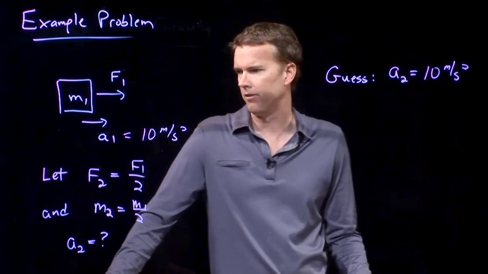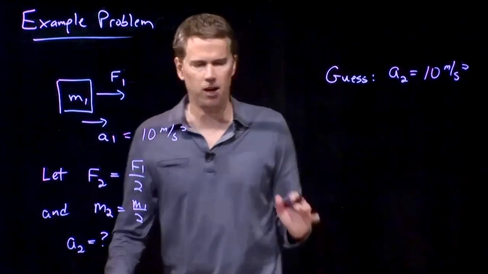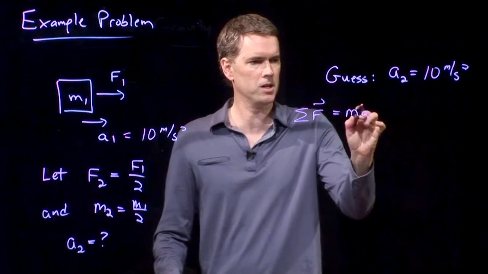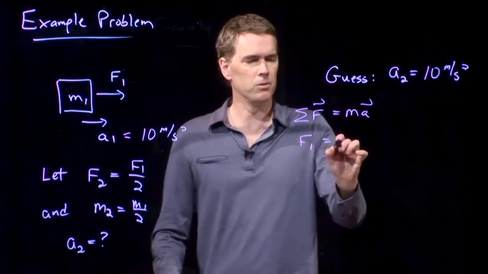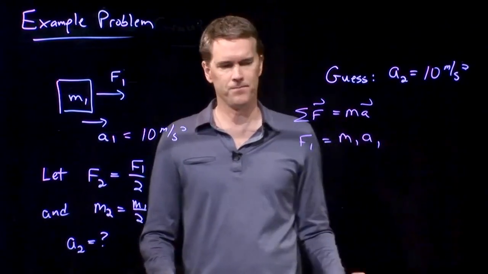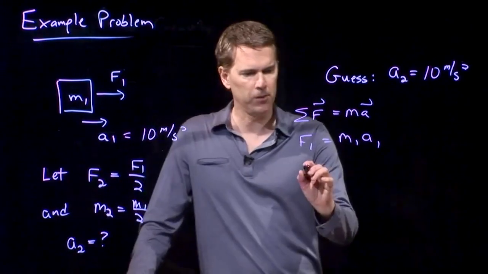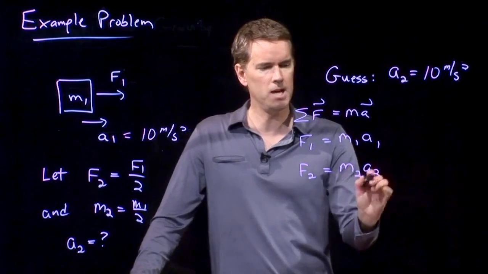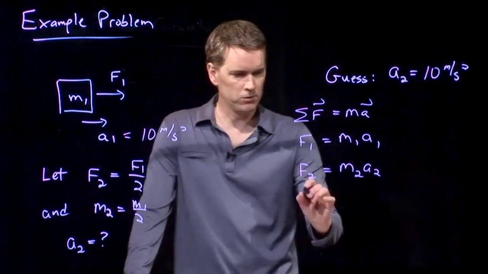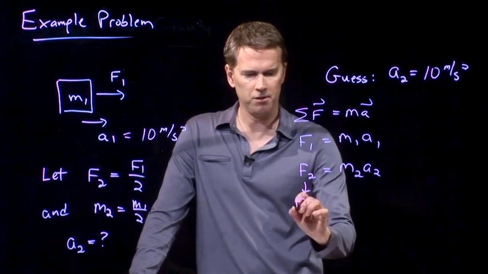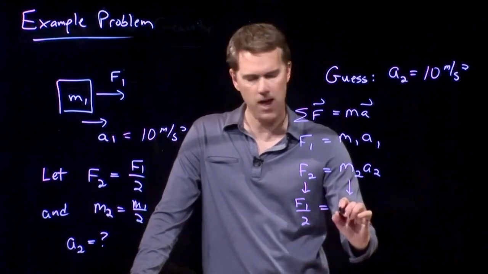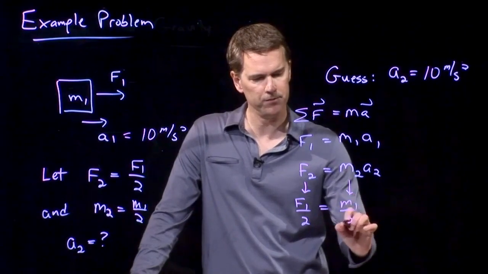All right, let's see if that works out. The first case, we have sum of the forces equals mass times acceleration again. F1 equals M1 A1. And now in the second case, we have F2 equals M2 A2, but I know what those are. This is F1 over 2. This is M1 over 2.